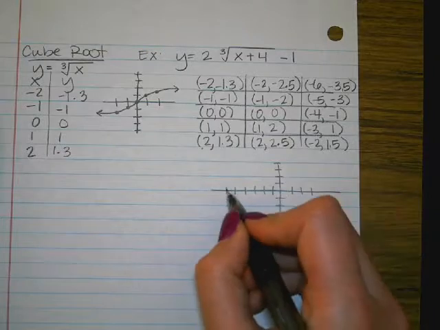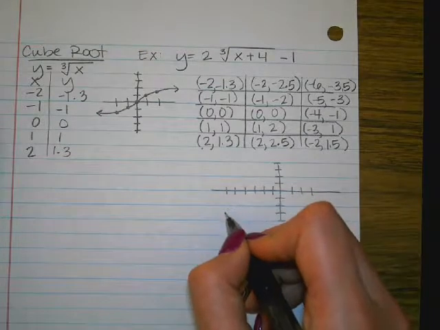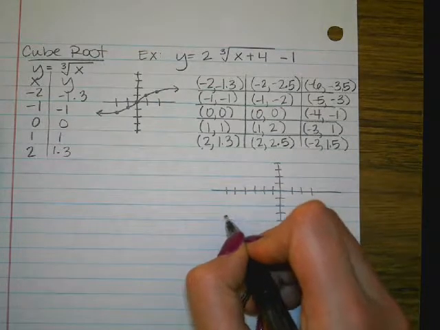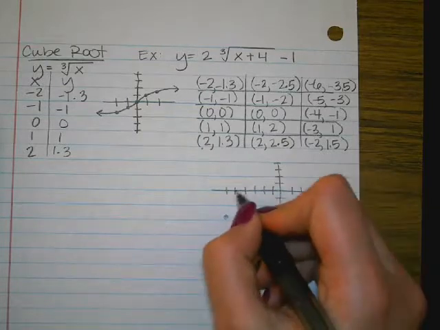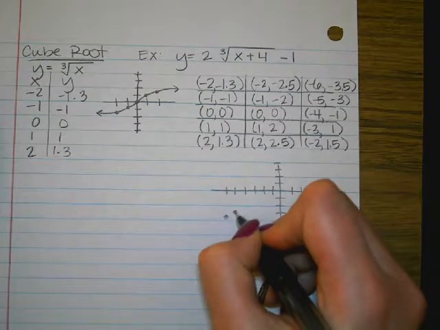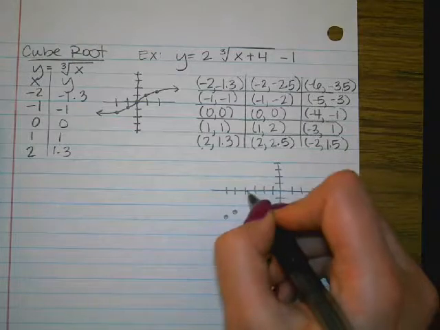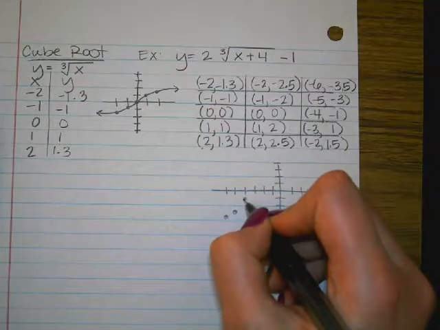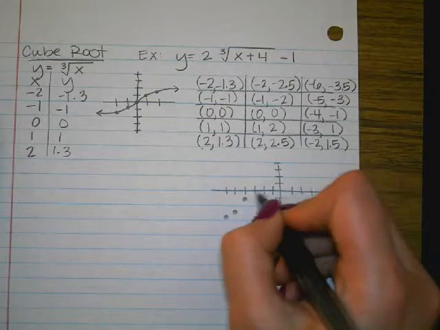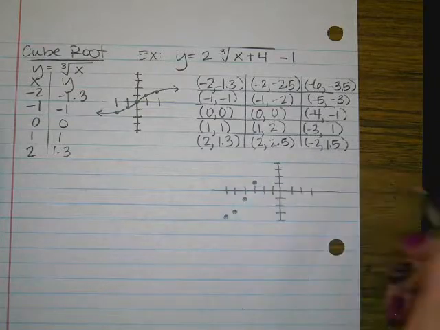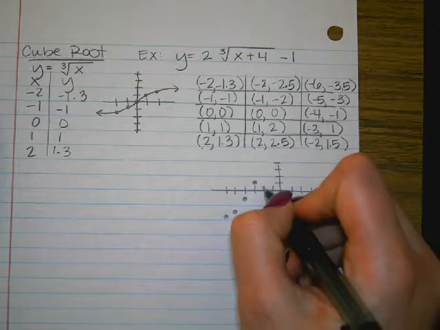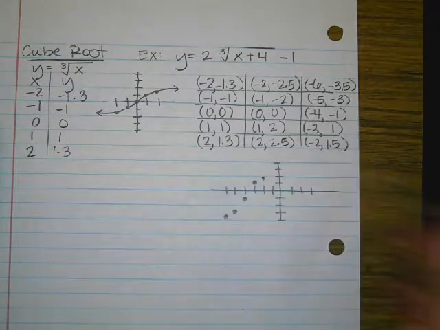So we've got -6, -3.5, -5, -3, -4, -1, -3, +1, -2, +1.5.